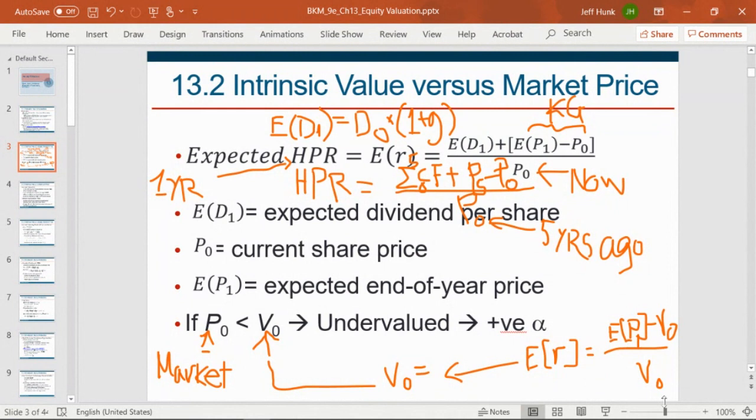So in other words, all those 4 models are basically a variation of this formula, right?